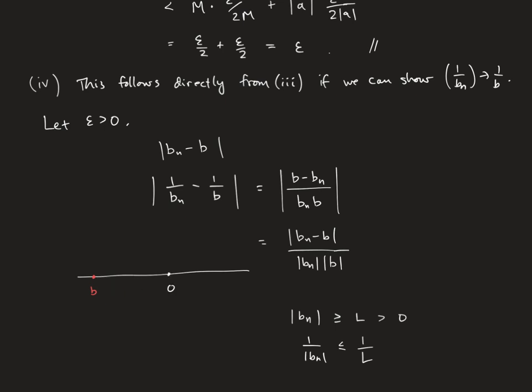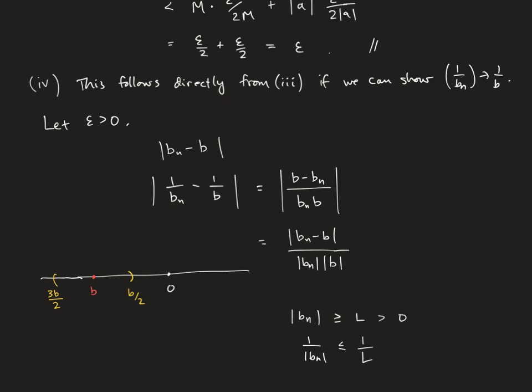So if we put, say, the halfway point there, this is going to be b over 2, right? The bn's will have to be closer than this. And to fill out this picture, this would be, I guess, 3b over 2.